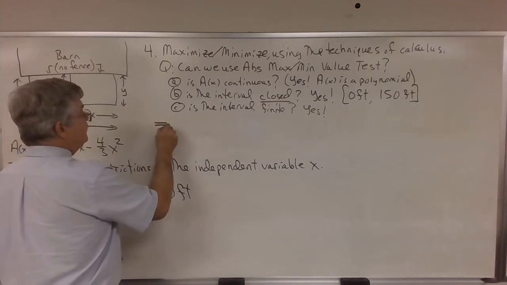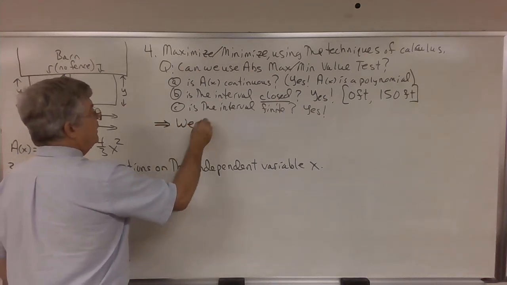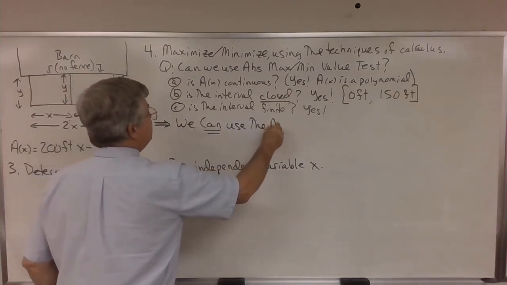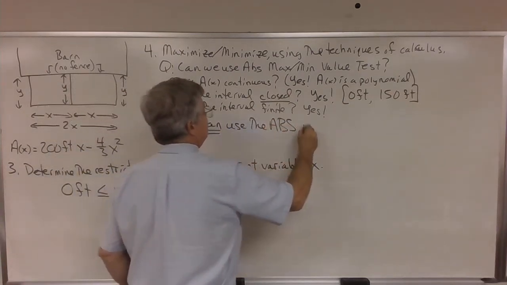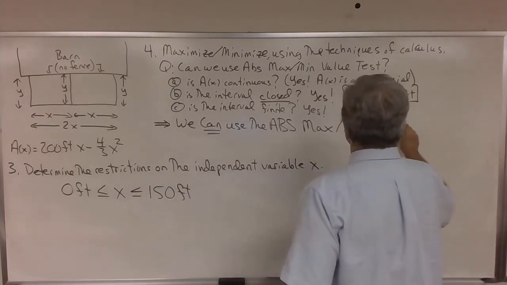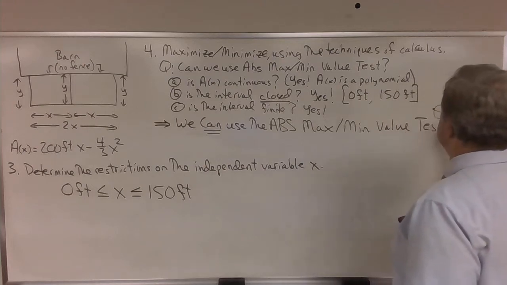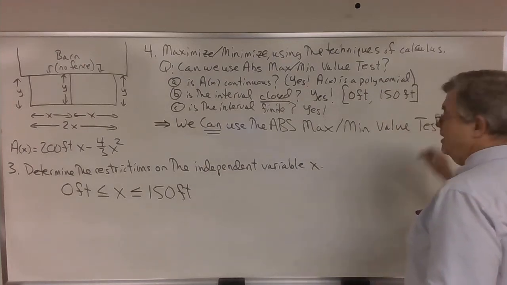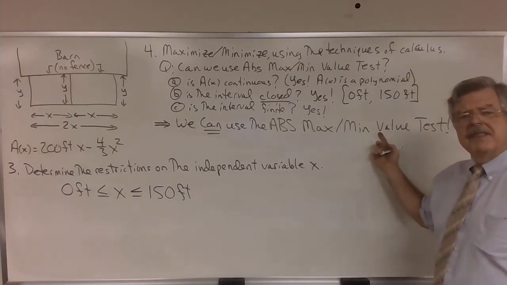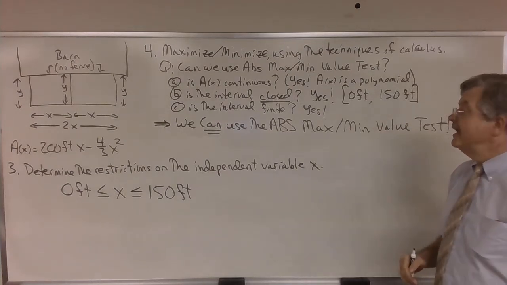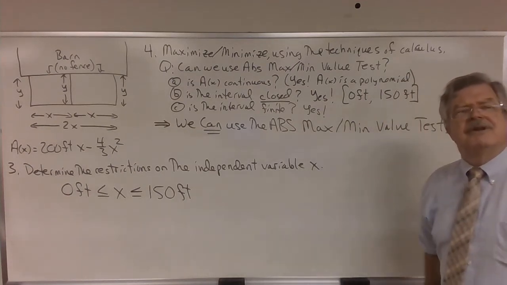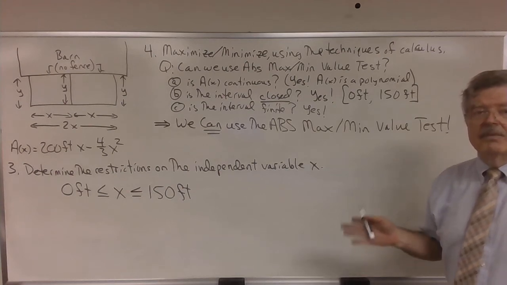Since we answered yes to all 3 questions, this means that we can use the absolute max-min value test. And this makes us very happy because this is easy. Find the critical numbers, and then take the critical numbers and the 2 endpoints, plug them into the original function, and we're done. What could be easier?